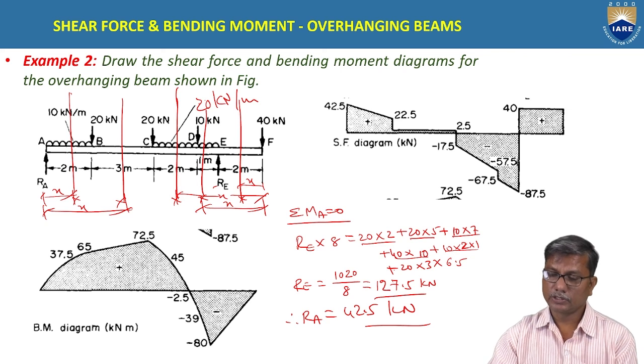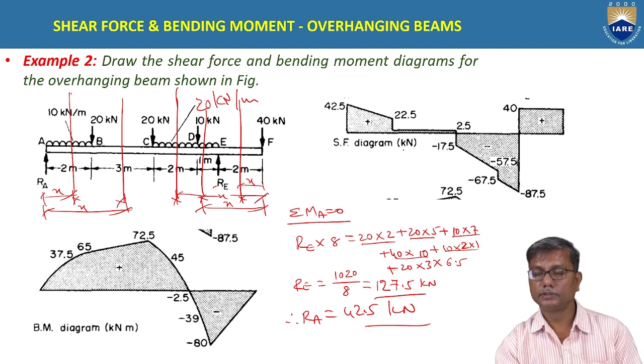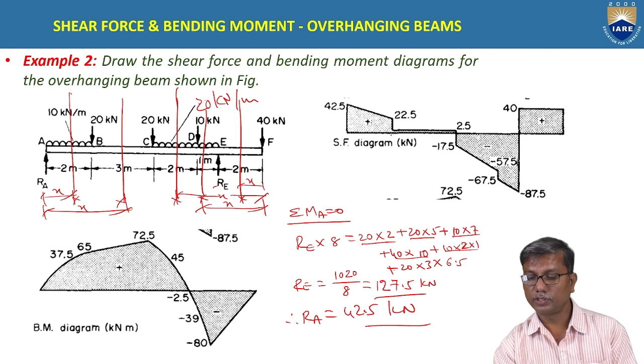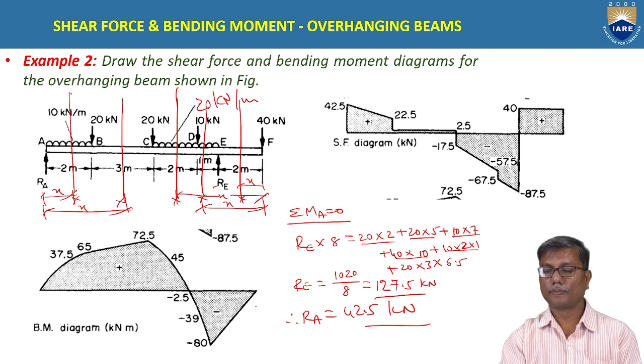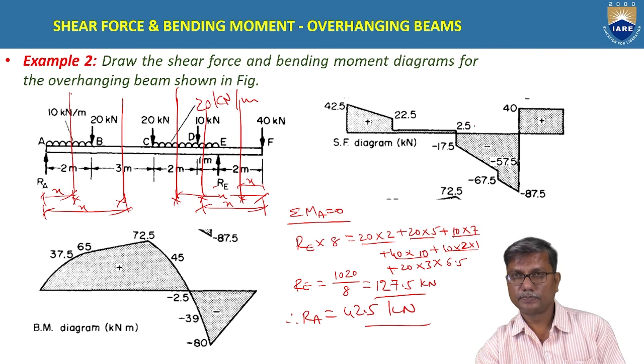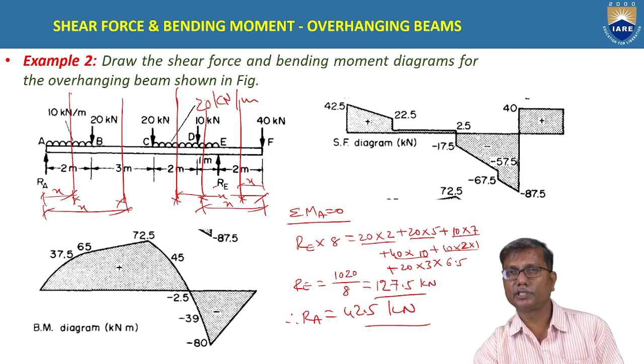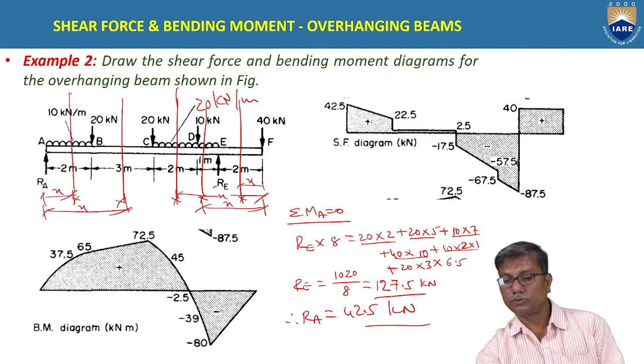Also there is a drop in value of shear force by 20, to 2.5, because of point load, and that remains constant up to C. Again there is a drop of shear force from 2.5 to minus 17.5, that is by 20 units because of 20 kilonewtons load. Between C and D there is a drop of shear force by 40 that varies uniformly, because of UDL, 20 into 2, 40.